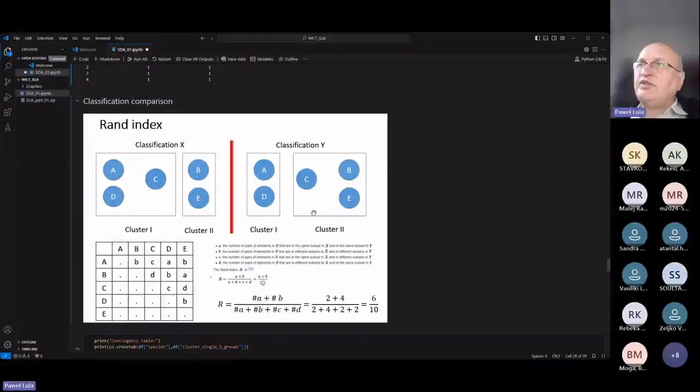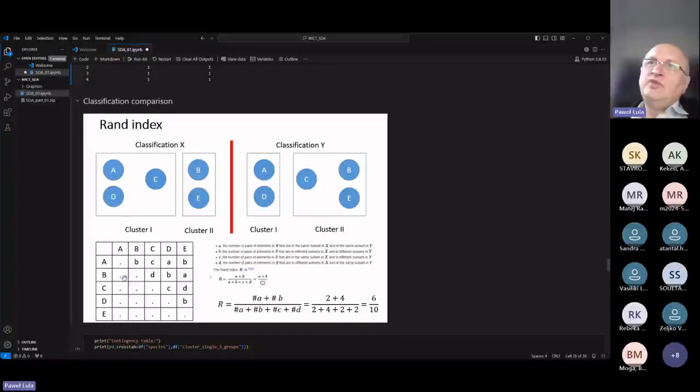And the last possibility, letter D. Letter D means that two objects are in two different clusters in the first classification, and they are in the same cluster in the second classification.